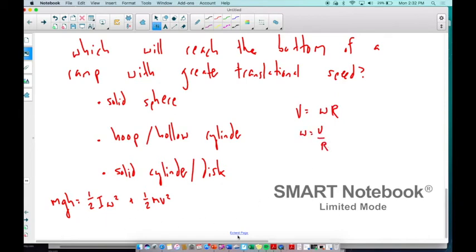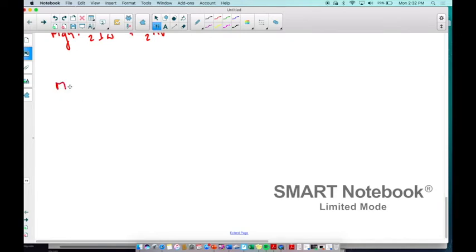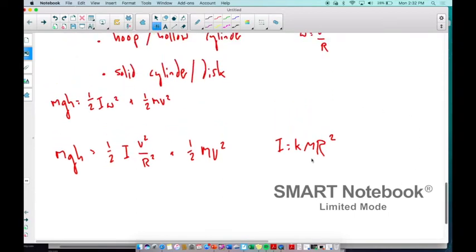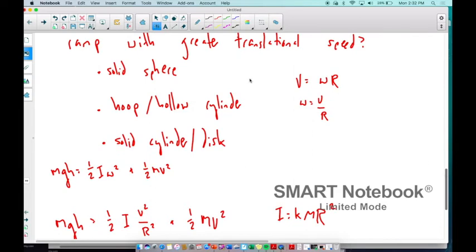So we can sub that in right here. mgh equals 1/2 I v squared over r squared plus 1/2 mv squared. And again, we know that I is always something times mr squared. So all we need to do is compare the I values. The bigger this I value, the more energy has got to go to rotational kinetic energy.